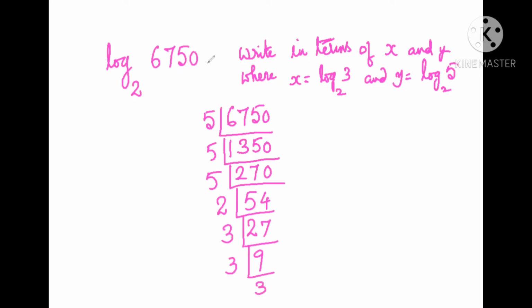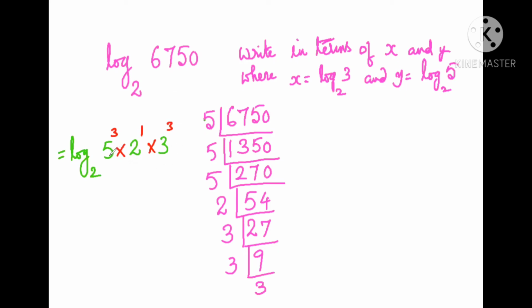So 6750 can be written, according to its prime factorization, as 5 multiplied 3 times, into 2 multiplied 1 time, into 3 multiplied 3 times. So 5 cube into 2 power 1 into 3 power 3.